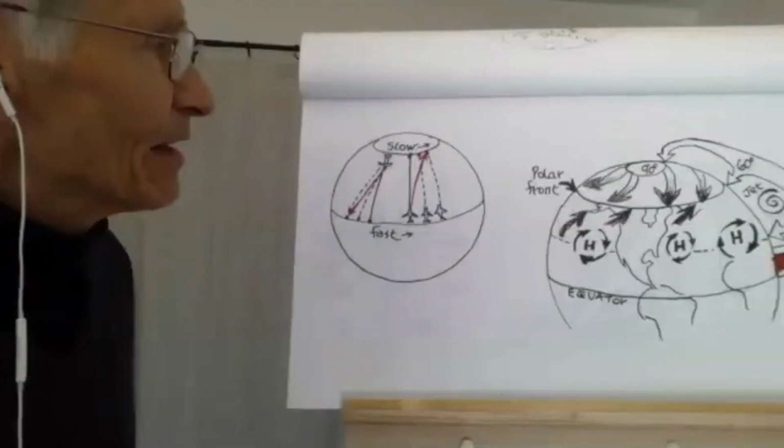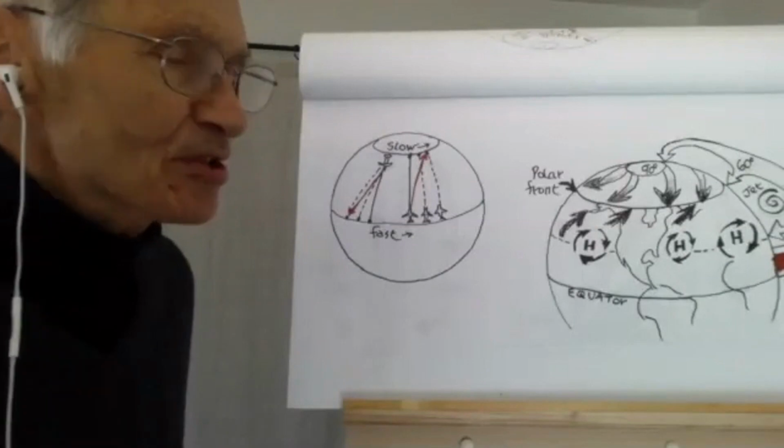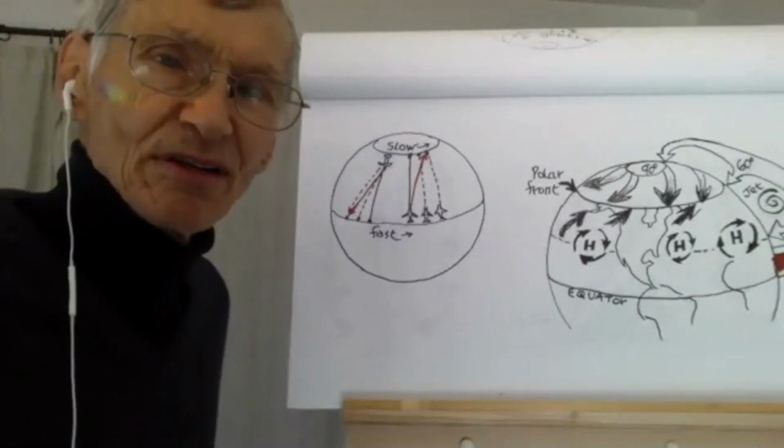So that storm pattern there at the polar front is the thing that guides the movement of the jet stream across the continent.